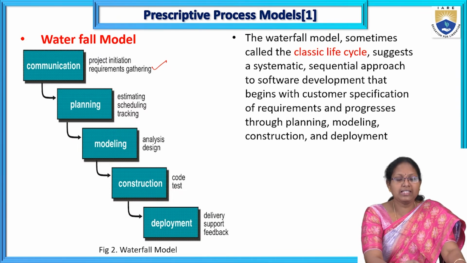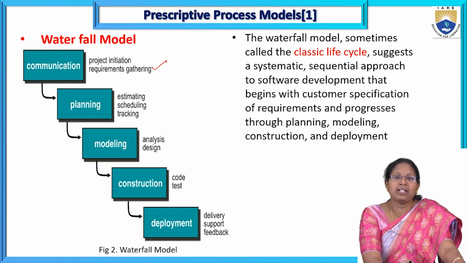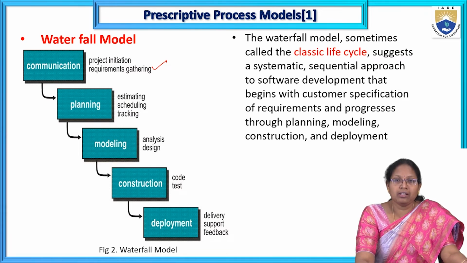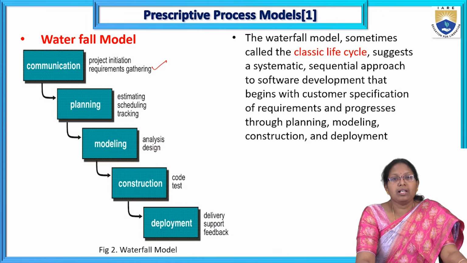Deployment means delivery, support, feedback, and annual maintenance, as well as any feedback collected from the customer. Based on the feedback, if anything needs improvement, we go back to the development phase, take that improvement, and do the construction again.